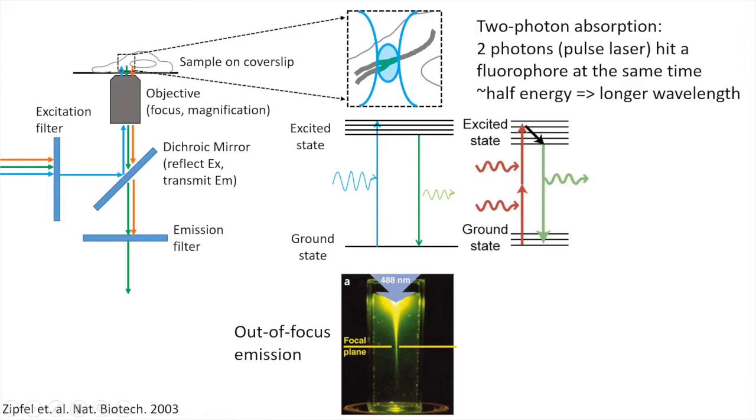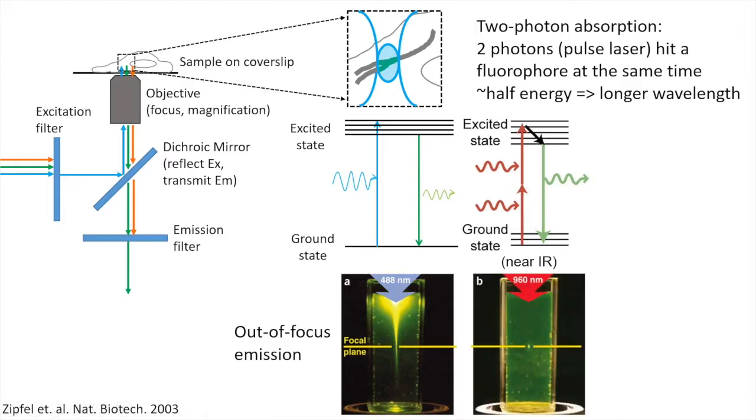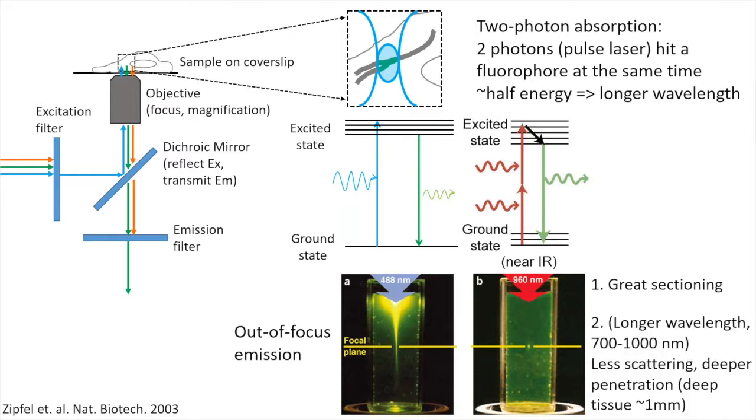Also, because the chance to hit the fluorophore at the same time is very limited, the sectioning is much better than one photon excitation. Given the great sectioning from two photon, and also that the longer wavelength has less scattering in tissue imaging, it can go to deeper penetration. So it's widely used in live cell imaging, tissue imaging, or animal imaging.